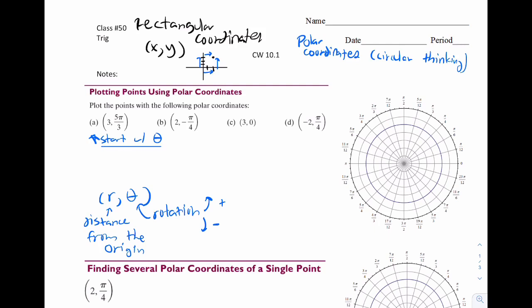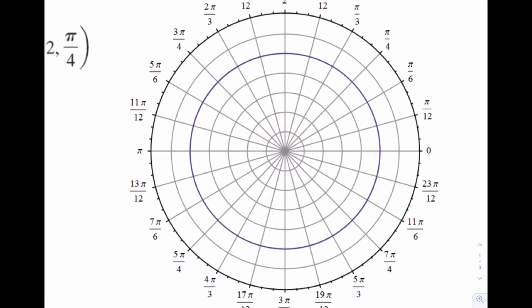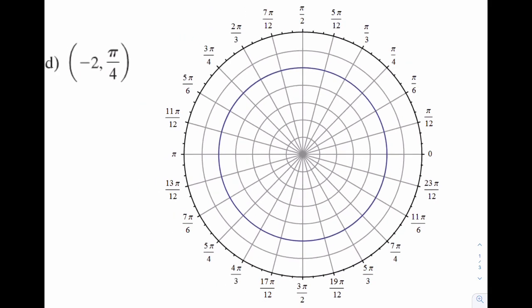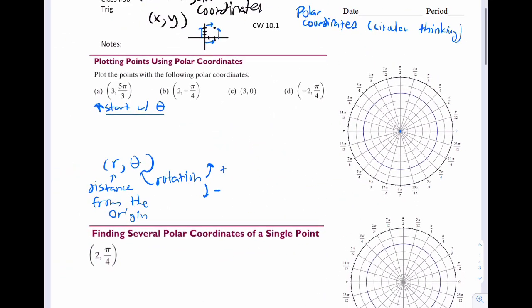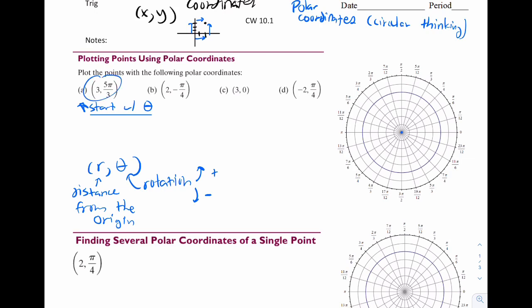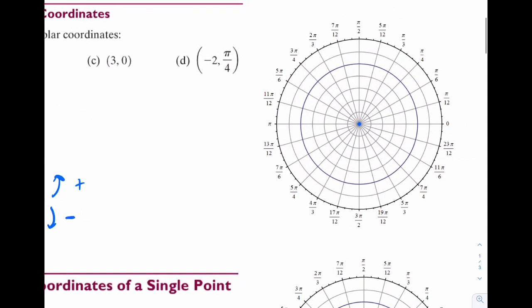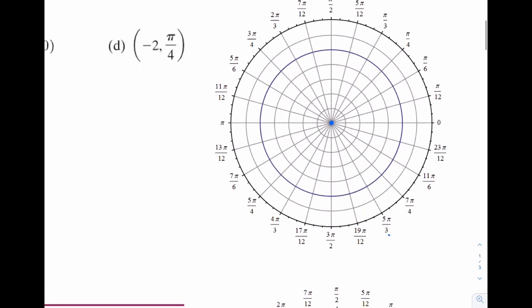So for letter A, it's 3, 5 pi over 3. What I want you to do is imagine, let's look at this right here. Think of this as a bird's eye view, and imagine you're standing right here. So imagine that's the top of someone's head. We're going to graph this point, 3, 5 pi over 3. We're going to look at 5 pi over 3, that's right here. So imagine this is you.